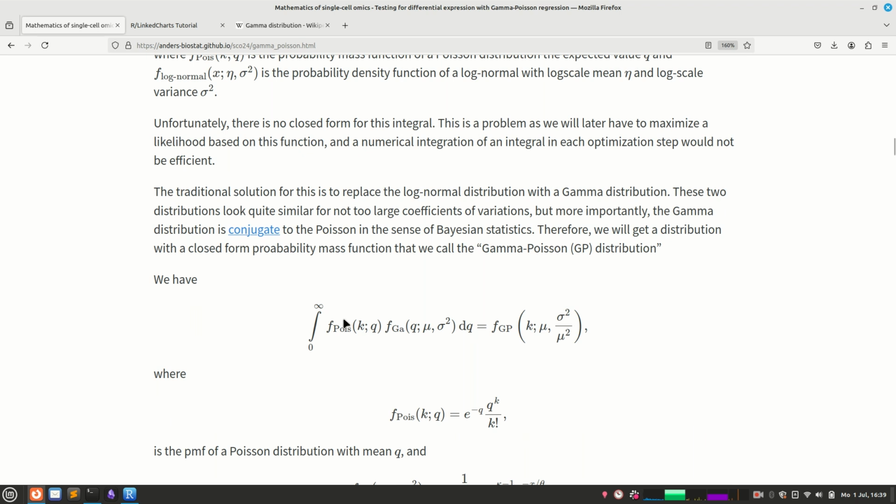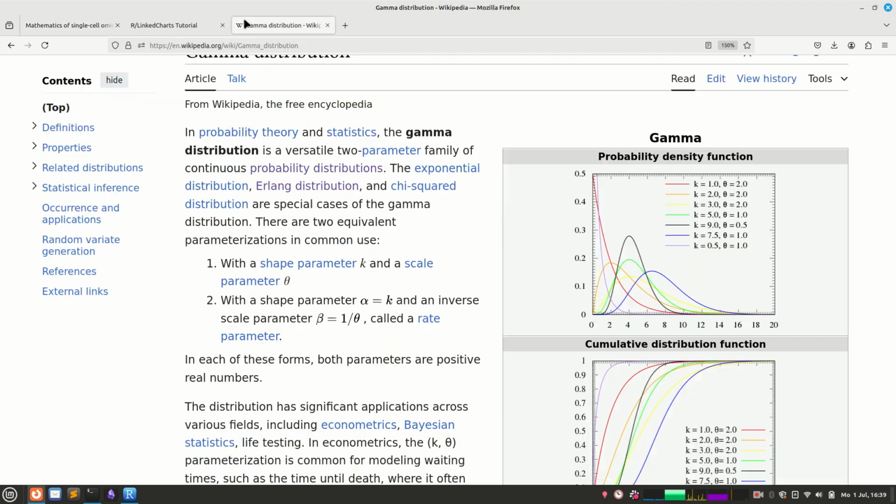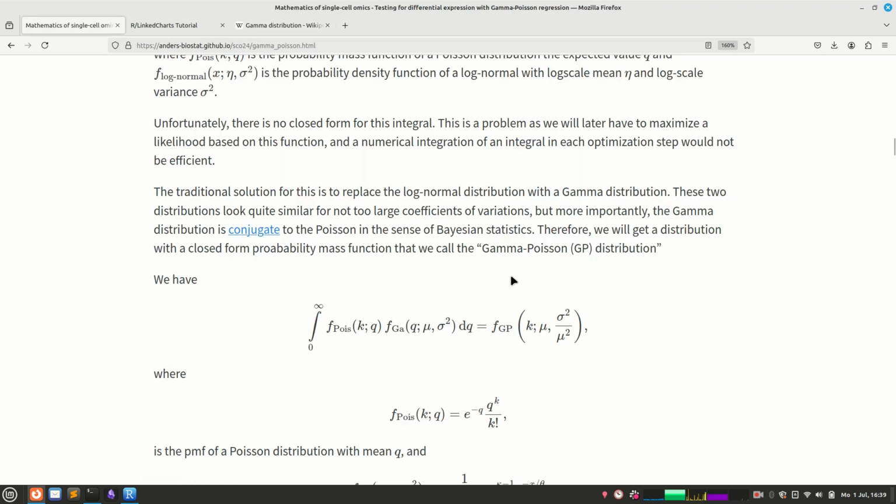So I take my Poisson distribution, replace the log normal by the gamma distribution, and the gamma distribution is usually parameterized by shape and scale, but for today I want to parameterize it by its mean and variance. It's a two-parameter family, so you can always parameterize it by specifying the first two moments.